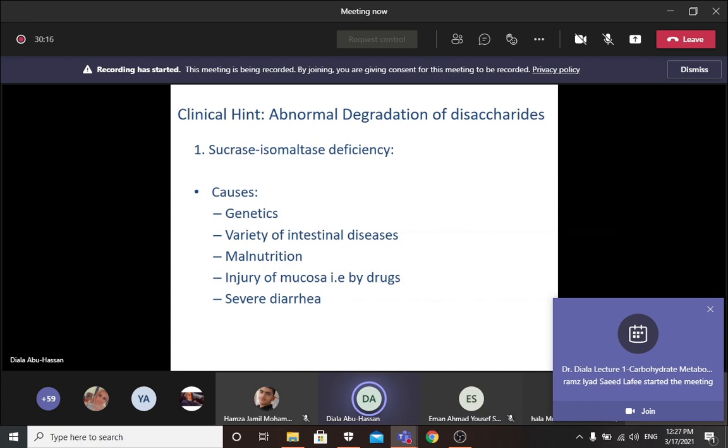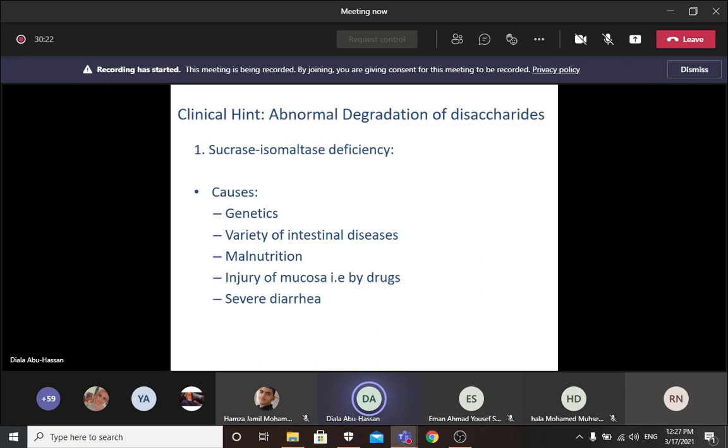Also, injury of the intestinal mucosa by some drugs may damage the cells and take these enzyme molecules with them, resulting in a problem with the digestion and absorption of these sugars. Also, in cases of severe diarrhea, there would be no chance for these enzymes to act on their substrates, saccharose, isomaltose and maltose, and they would just be excreted with the feces because of the diarrhea. Okay, so these are the causes.